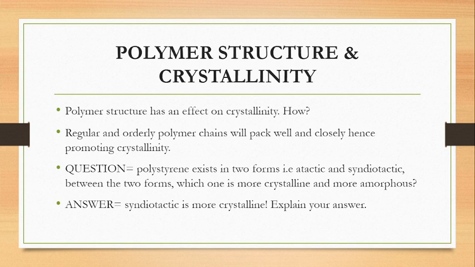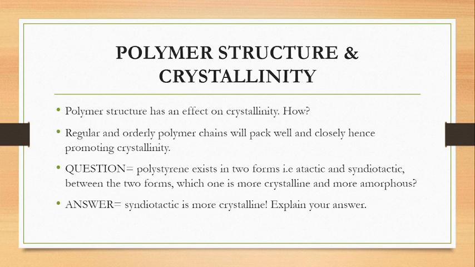So this is how the polymer structure is going to affect crystallinity. There are structures that are regular and orderly, meaning they are in order the way they are. We'll give an example. The more orderly they are, the easier it is for them to pack.